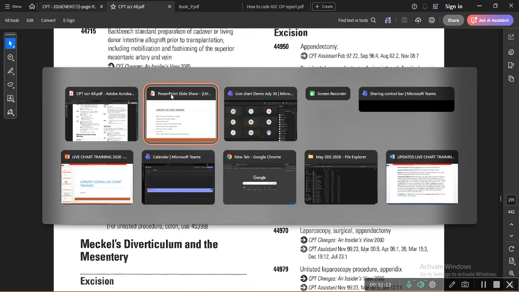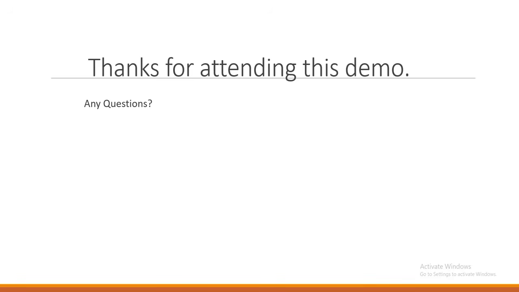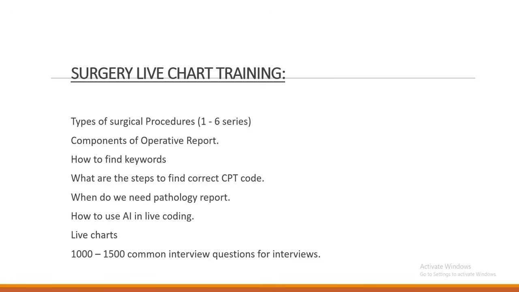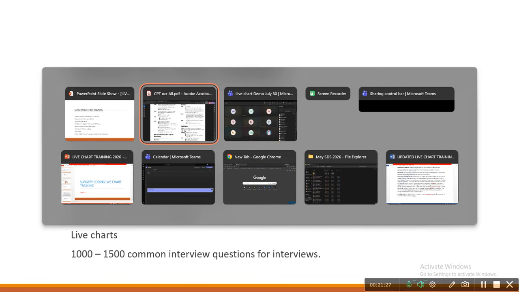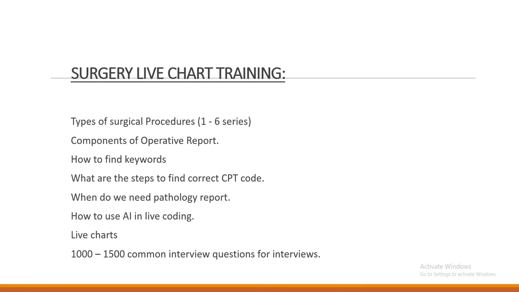All procedures means the whole set is 40 to 50 charts. Those charts contain all general surgery, everything is included. Like integumentary 8 charts, musculoskeletal 8 charts like that. Whole 40 to 50 charts.